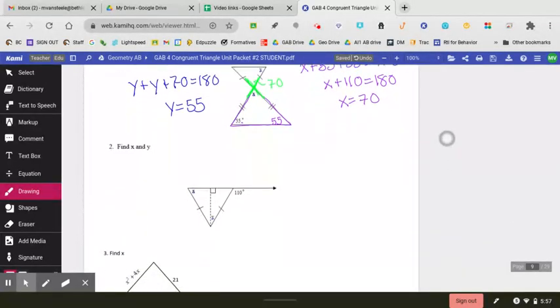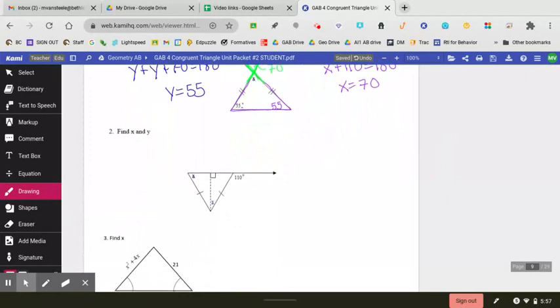Now in this problem, I want to find x and y. So I know that this is a right angle down here, and I know that 110 is the exterior angle. So since 110 is the exterior angle, y is going to be 20, because the exterior angle is always the sum of the two remote interior angles.